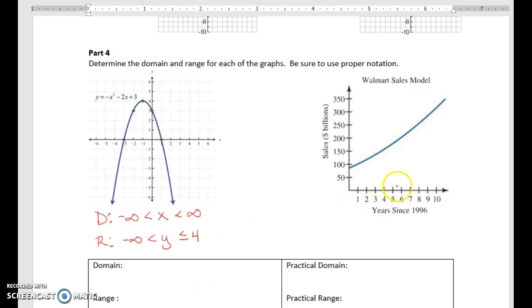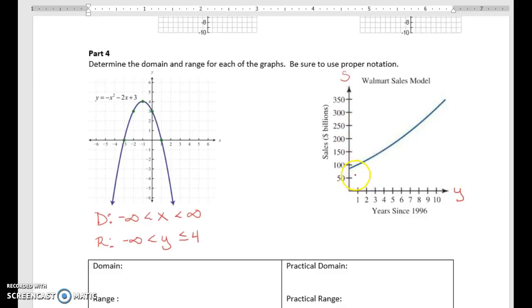In this case, our inputs are years since, and we could probably call this Y, and our sales we call S. Our domain values are going to go from 0 all the way over to wherever this looks like, probably 11 or 12, probably 11.